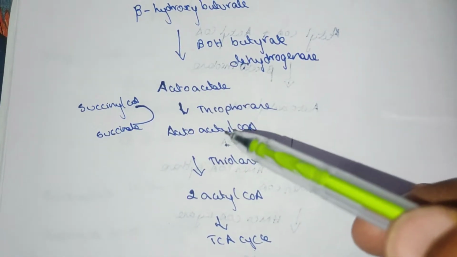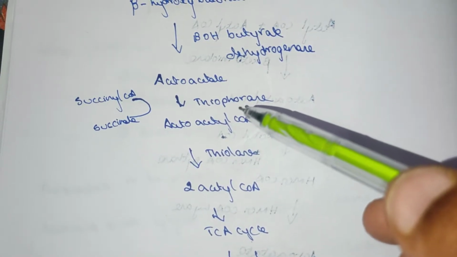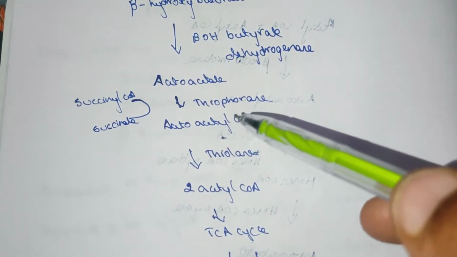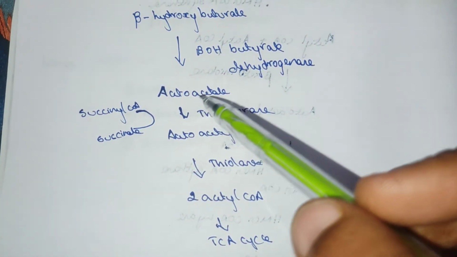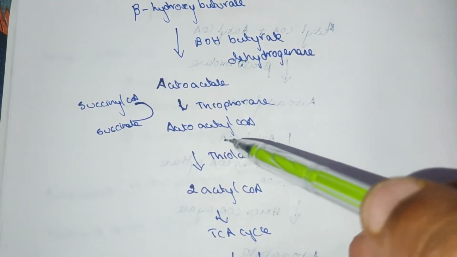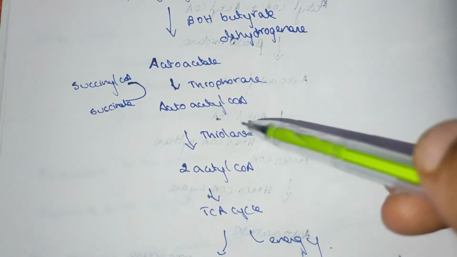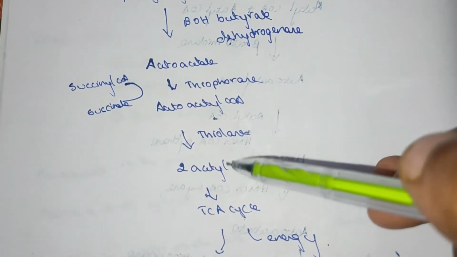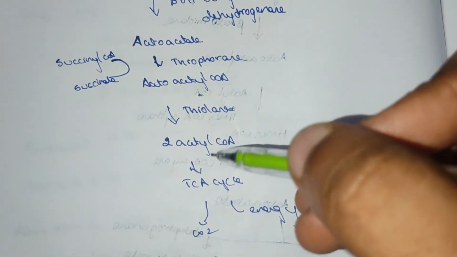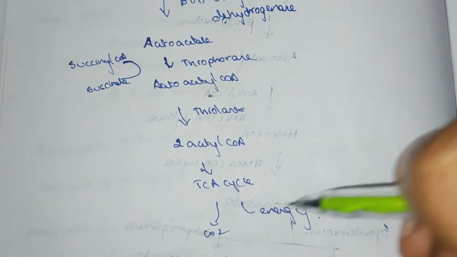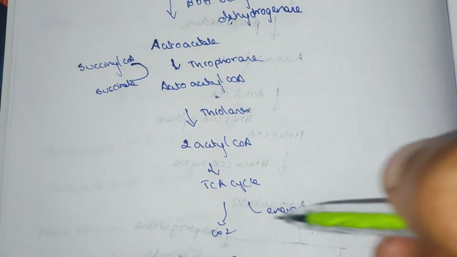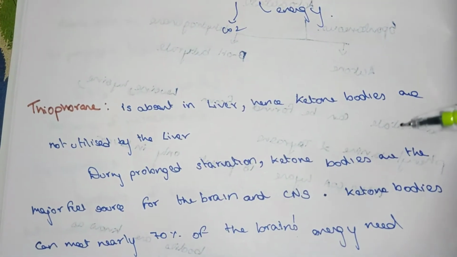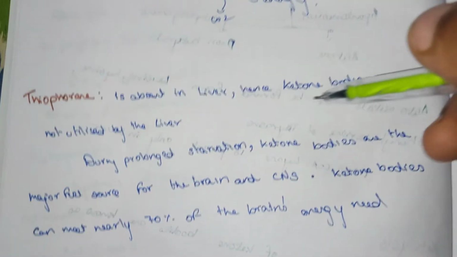This acetoacetate is changed into acetoacetyl-CoA by the enzyme thiophorase. Thiophorase is absent in the liver, so the liver cannot utilize these ketone bodies. The acetoacetyl-CoA changes into 2 acetyl-CoA by thiolase, and this acetyl-CoA enters the TCA cycle and produces ATP, which is energy, as well as CO2, the end product of the TCA cycle.